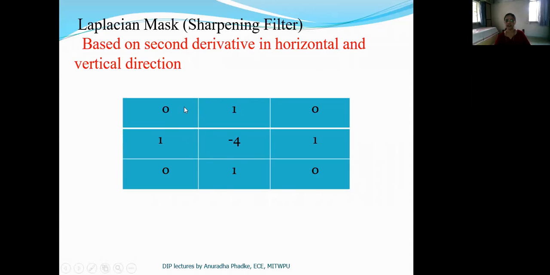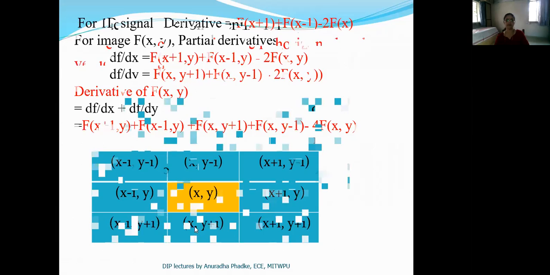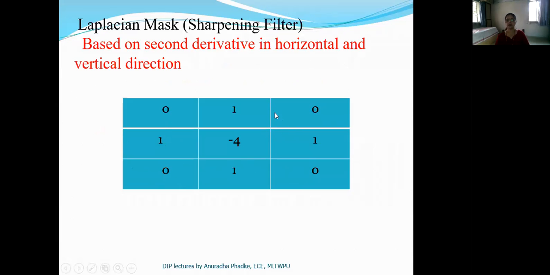Is this process clear, how we have designed this 3 by 3 mask for second derivative operation by considering transitions in gray shades along the horizontal direction and the vertical direction? Hope this is clear to you.